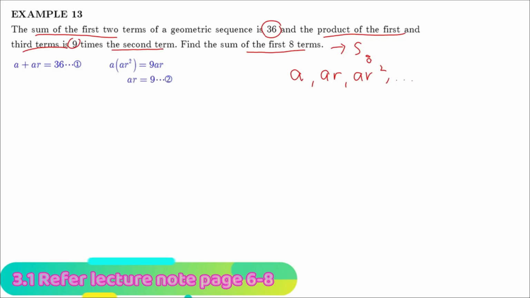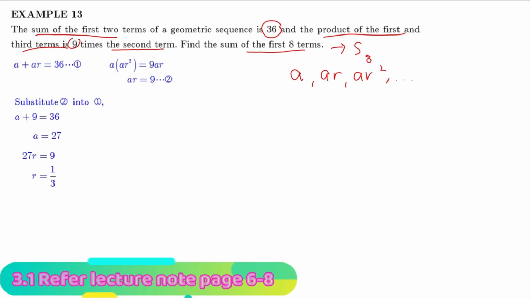Simplifying it, we have AR equals 9. So we have a second equation. We have to solve these two equations simultaneously. By using the method of substitution, we substitute 2 into 1 to get A equals 27 and R equals 1 over 3.